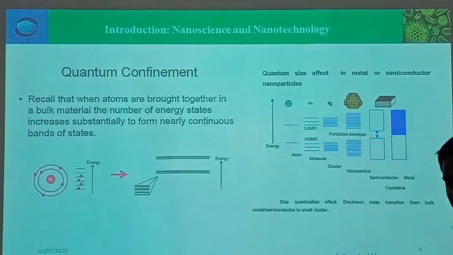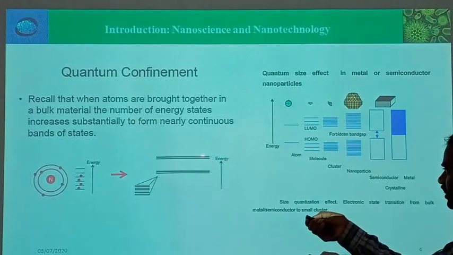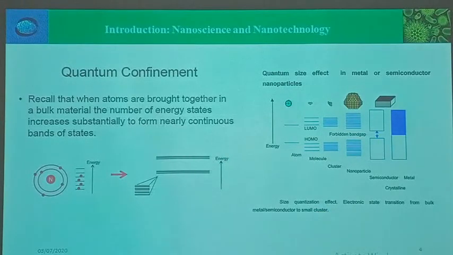At the nanometric scale, there is one effect which is called the quantum confinement effect. In the case of normal atoms brought together in a bulk material, the number of energy states increases substantially to form nearly continuous bands. Here we can see the continuous bands of states. 1 atom, 2 atoms, 3 atoms, 4 atoms come together.